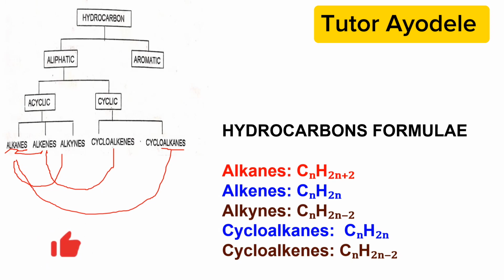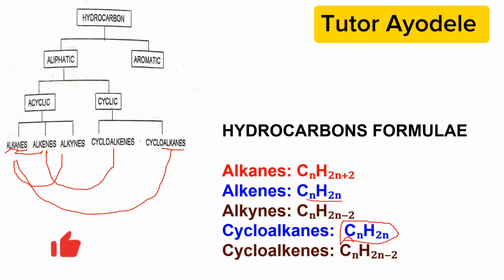But what do you notice here? You will notice that alkenes and cycloalkanes have the same formula. These are exam questions, please take note. There is one exam question, if I remember vividly: alkenes has the same formula with dash.